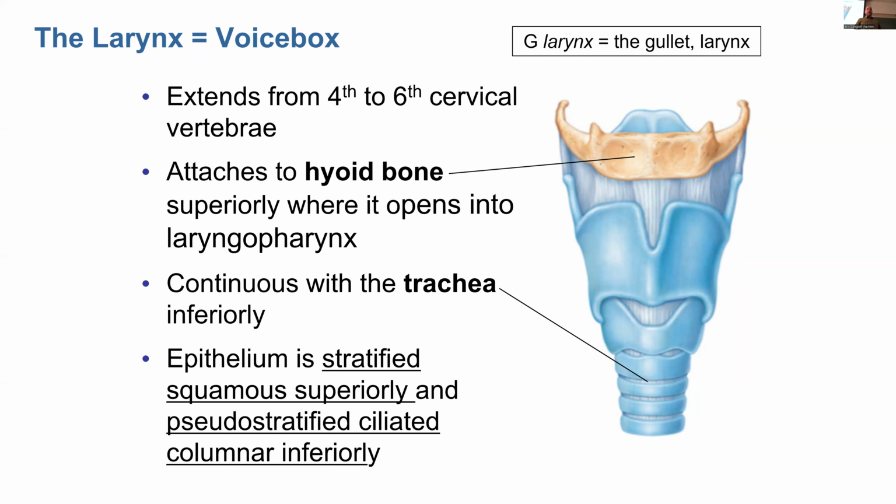I mentioned too the transition in those epithelial cells. Superiorly, we have these pseudostratified columnar cells. Oh no, excuse me. Let me back up for a second. I want to make sure I'm clear. I talked about the transition in those epithelial cells. Now, when we get to the larynx, it's only going to contain air unless you're choking, right?